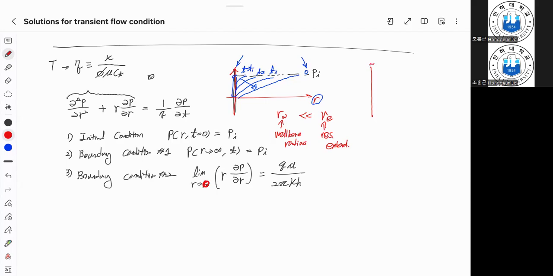When we talk about this radial extent, which is really big, rw is much, much smaller than the entire extent, so it looks almost like 0. So we can simply assume r goes to 0 to satisfy the radial flow Darcy equation, and this assumption is called the line source assumption.